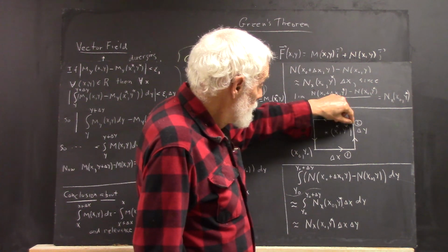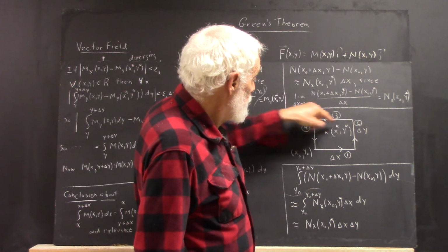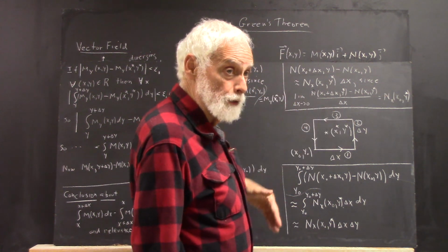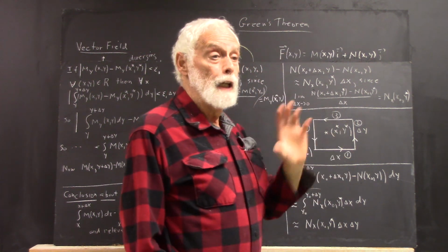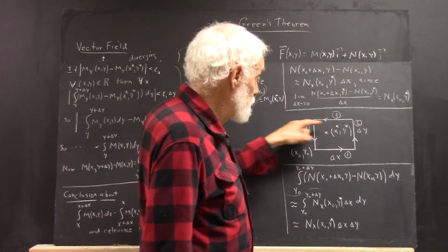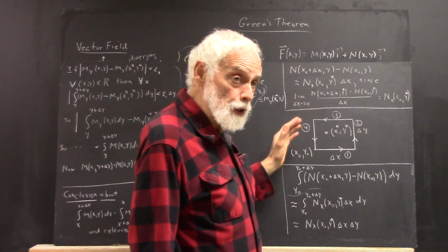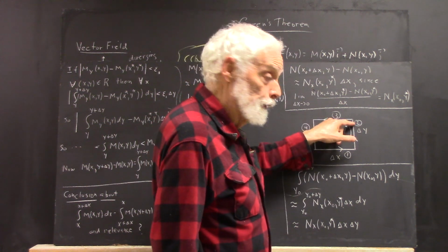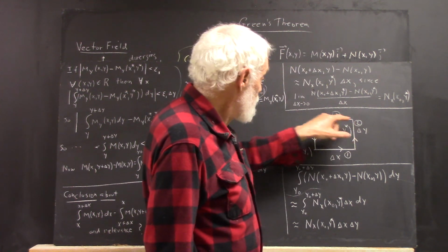Well, the difference of the n function between a point here and here, where you have the same y value, just depends on the x derivative, because x changes from here to here. It's the rate of change with respect to x between here and here that determines the difference in the values.